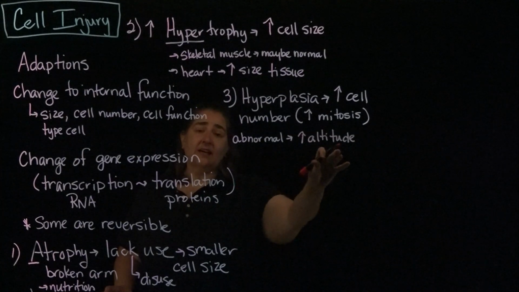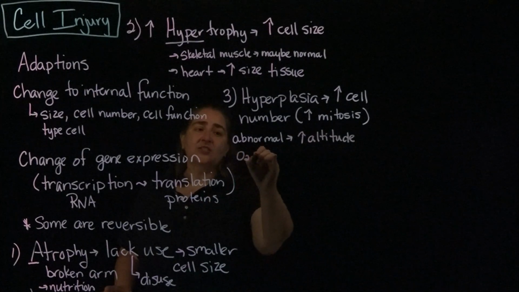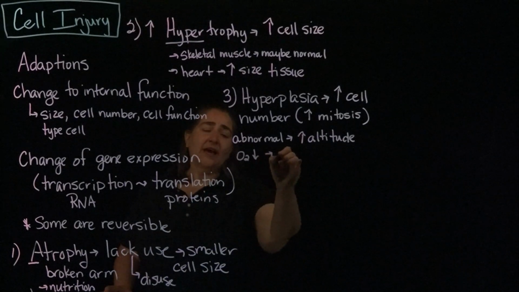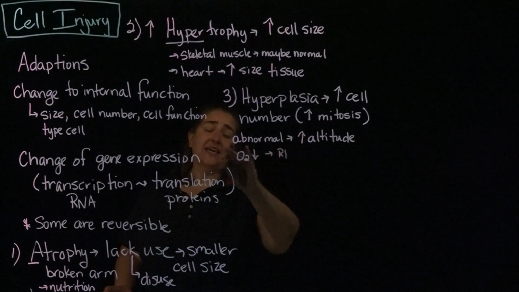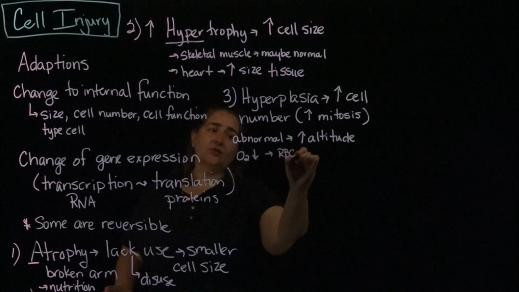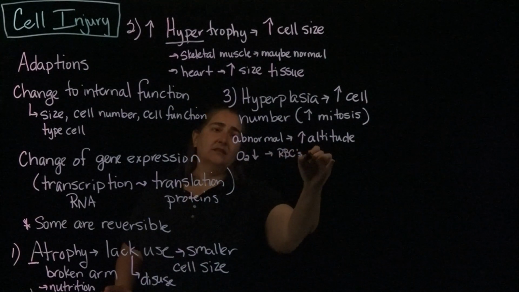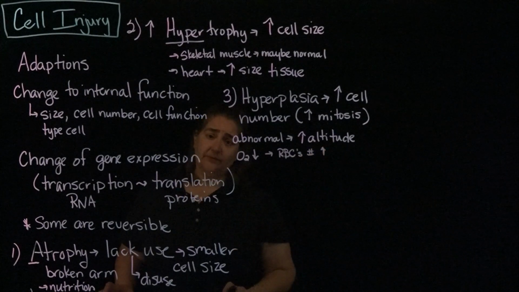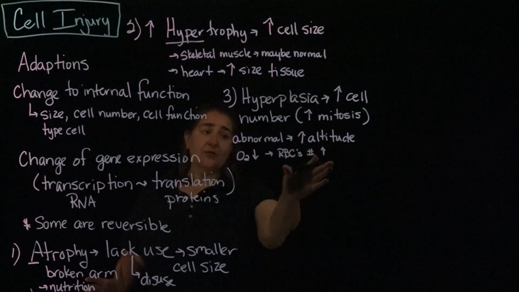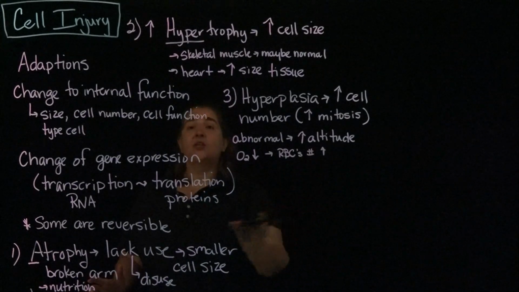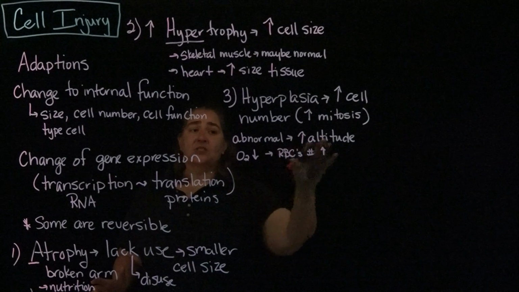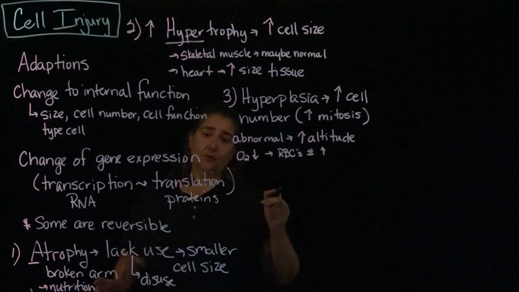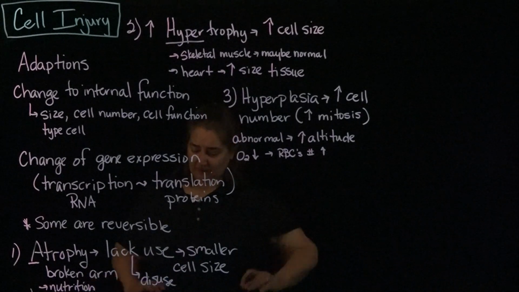Because of that increase in altitude, oxygen levels are lower, okay? So if you stay at the higher elevation for a longer time, you're going to get the number of red blood cells circulating to increase. So that if you've got more red blood cells, those red blood cells can carry more oxygen to make up for the fact that at the higher altitude, you've got less available oxygen in the atmosphere, okay?